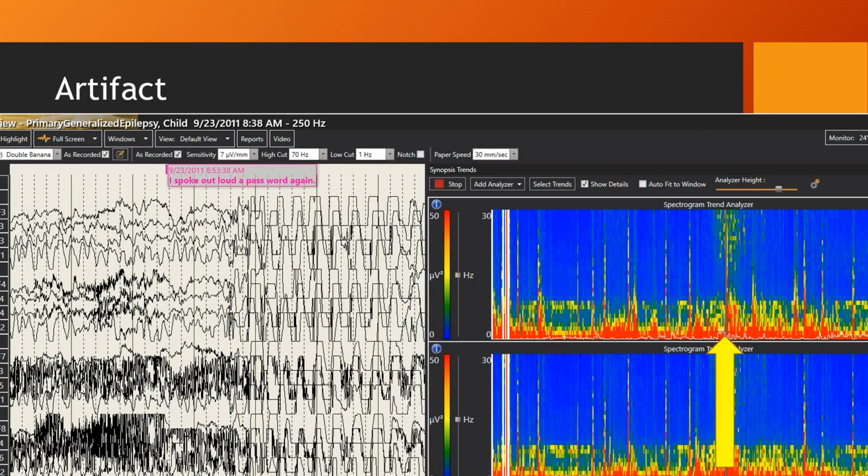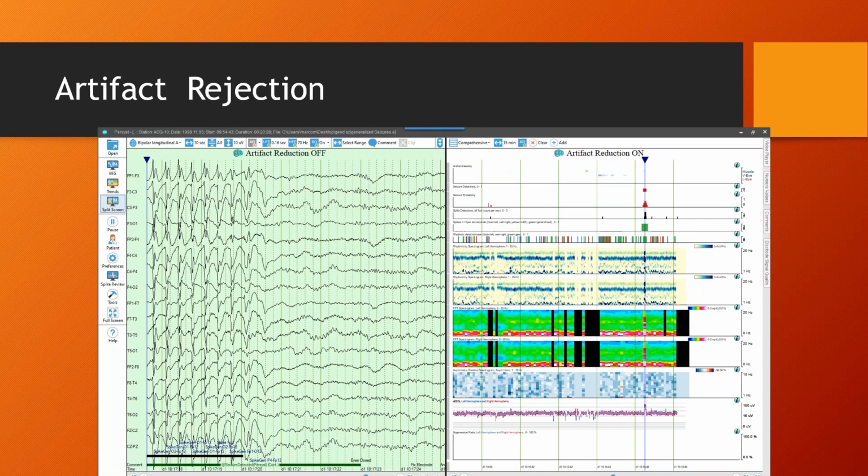Let's see here. I thought I had another example showing just the artifact, but anyway. What are our other options? Artifact rejection is one of the options. You have artifact rejection on the Persist software, and right now I've got my cursor on the peak indicating that seizure, and you can see the seizure in the raw EEG.